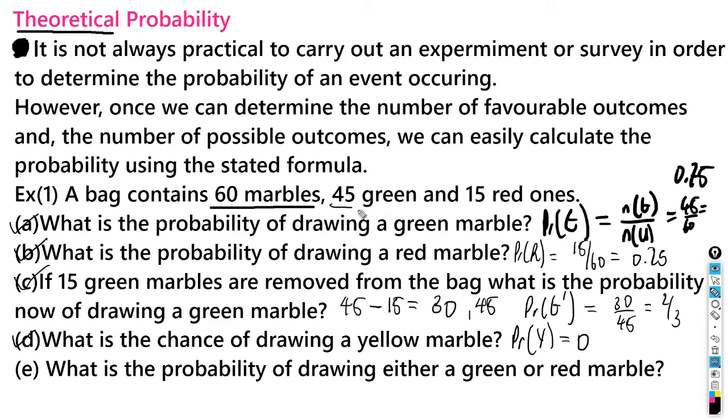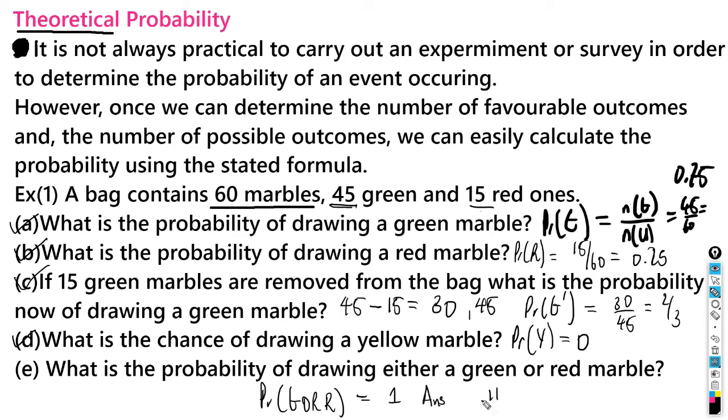Since the bag only has green and red marbles, clearly the probability of drawing either a green or red one is 1. So the probability of green or red is equal to 1. That's the answer.